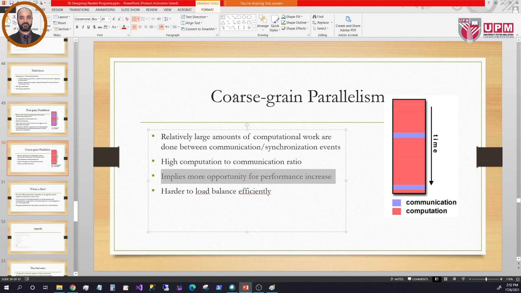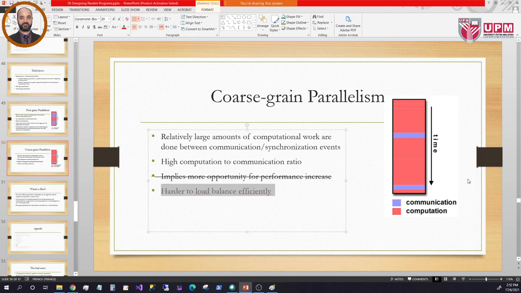When we make them fine granularity, the performance increases better and better because they have fully independent tasks. So this statement here is not correct. Okay, I'm going to strike out this.